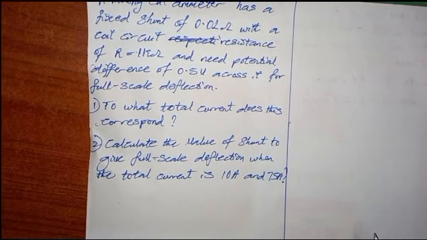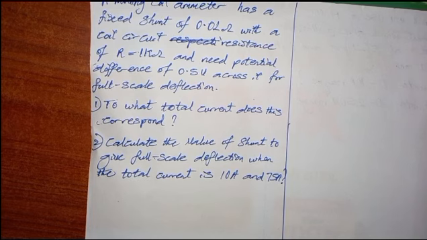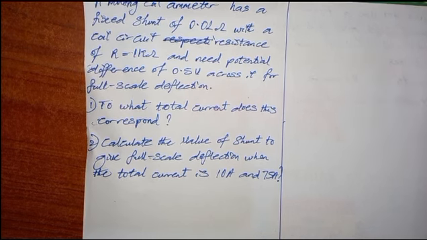Today we are going to solve an example on a moving coil. The question says a moving coil ammeter has a fixed shunt of 0.02 ohms with a coil resistance of 1 kilo ohms and needs a potential difference of 0.5 volts across it for full scale deflection.